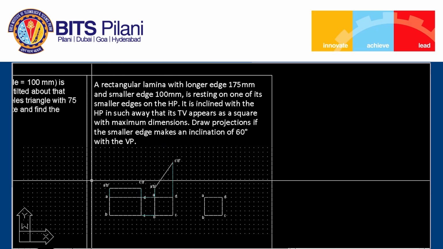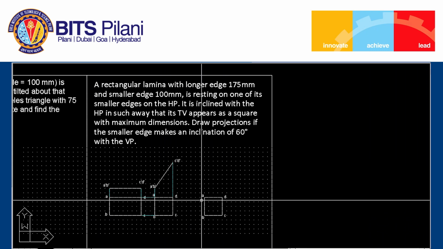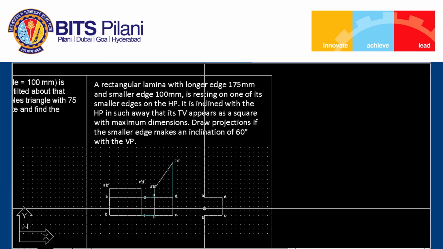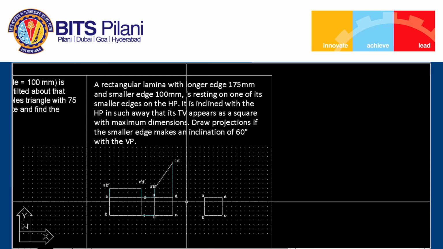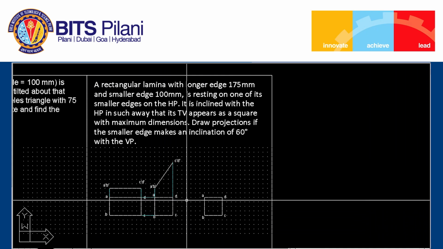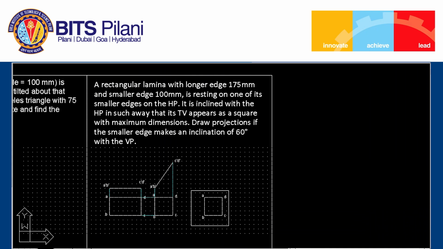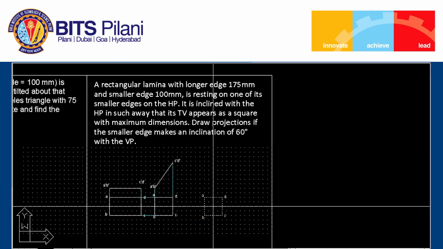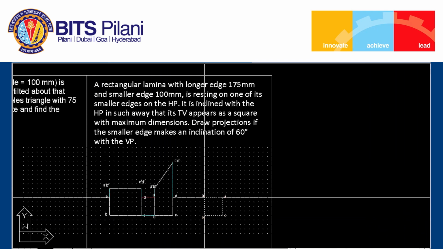You have to be very much sure that this is a vertical perpendicular. Now, you have to make it 60 degrees with XY line. So, I will use the rotate command, and the inclination I have to make is 60 degrees with XY line.